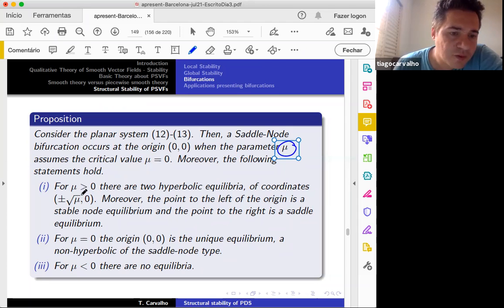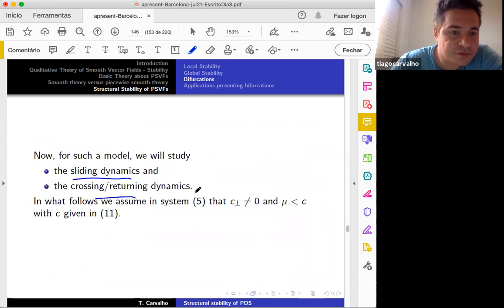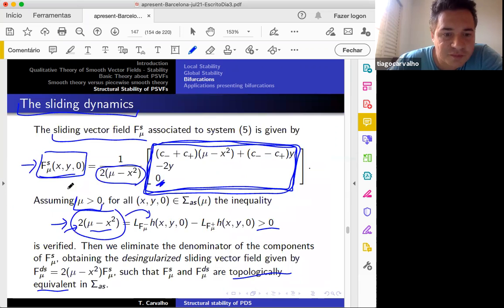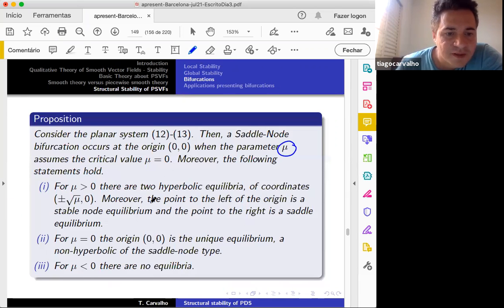Moreover, for mu positive, there are two equilibria, one of them a node and the other a saddle.